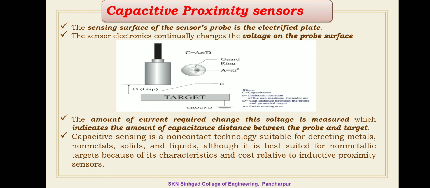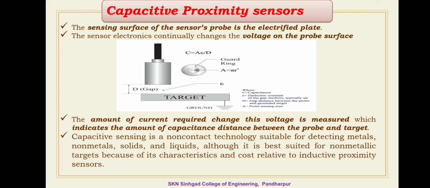So D is nothing but the gap distance between the probe and the grounding element. Then you can directly find the capacitance of the proximity sensor: C = A ε / D.